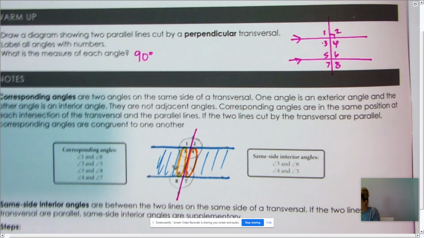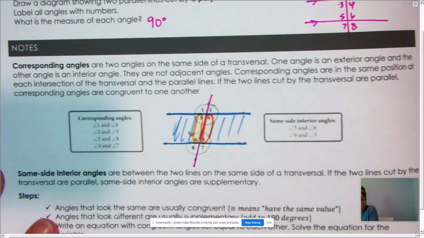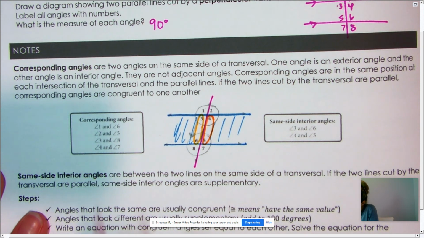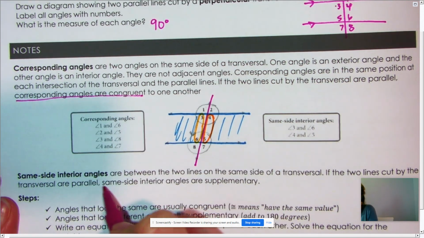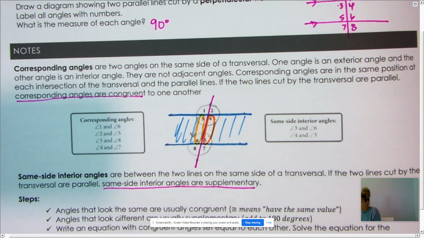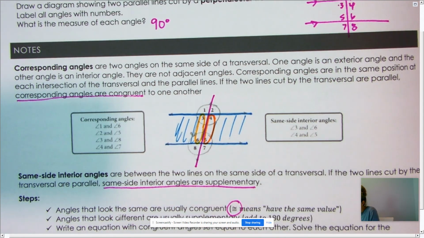Okay, so here's some things that you might want to underline: that corresponding angles are congruent and that same side interior angles are supplementary. So remember that congruent, use that little mark right there, means congruent.